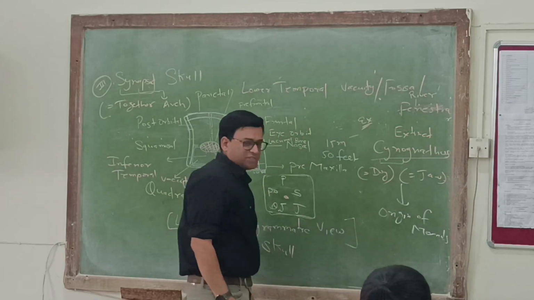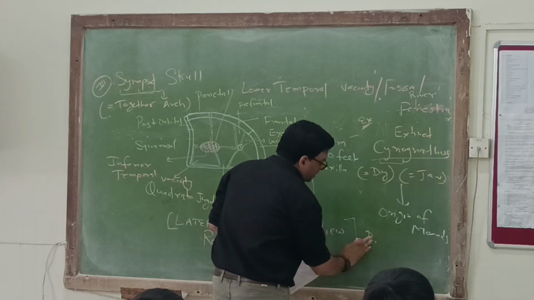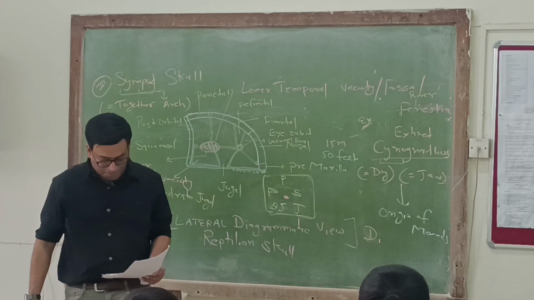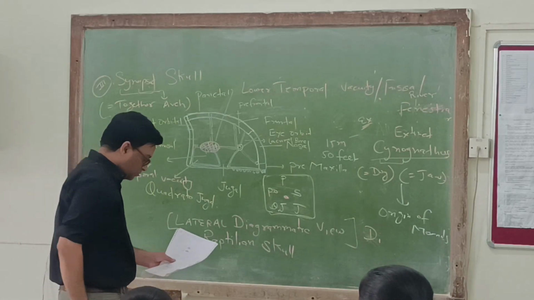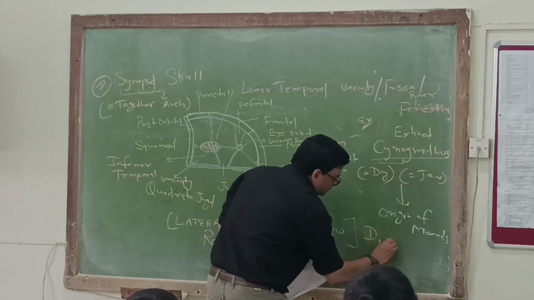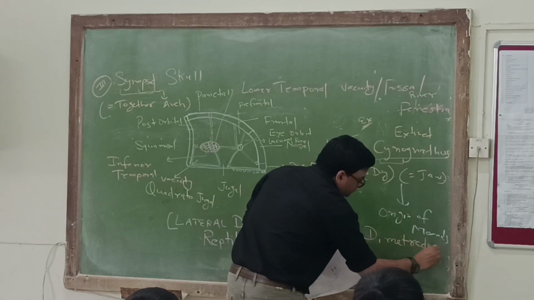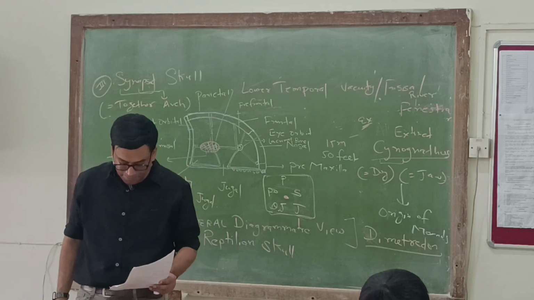And there is another fossil which is called Dimetrodon. Write down, you have to learn these names, and these names will also come when we study the origin and evolution of reptiles in the classification. So write down Dimetrodon. So we have two fossils, Cynognathus and Dimetrodon.